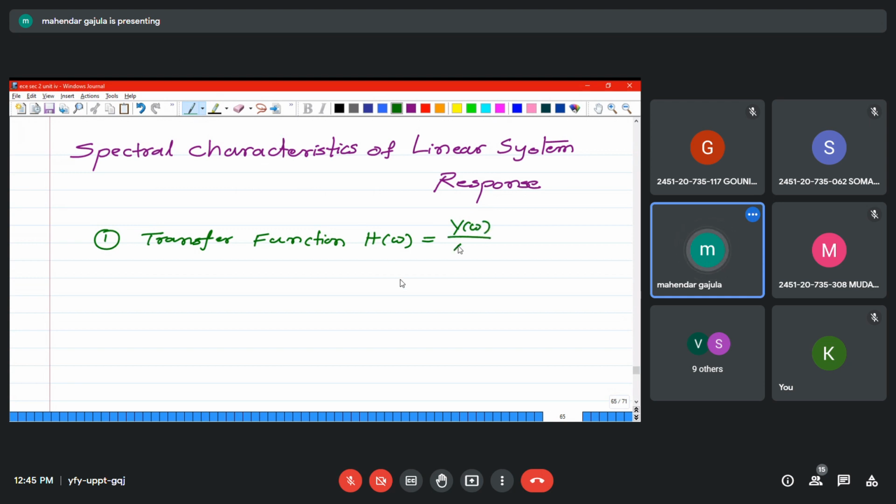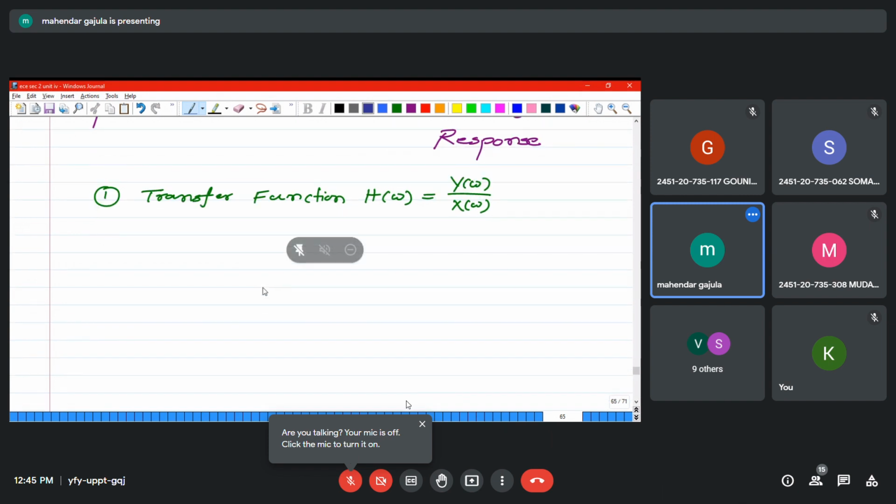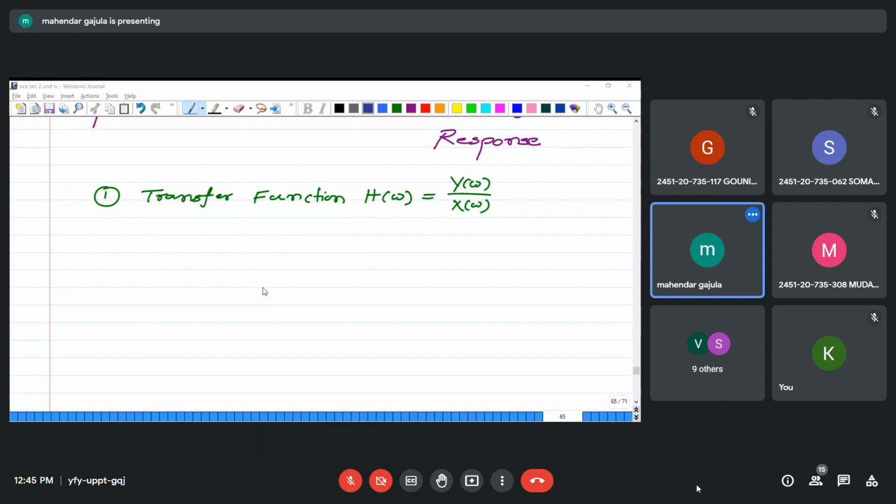Omega by X of omega. Y of omega is the Fourier transform of output, and X of omega is the Fourier transform of input.